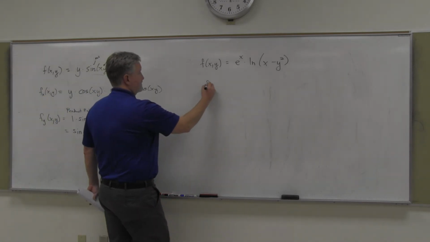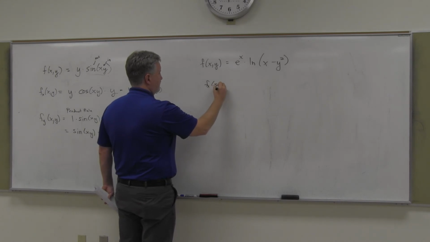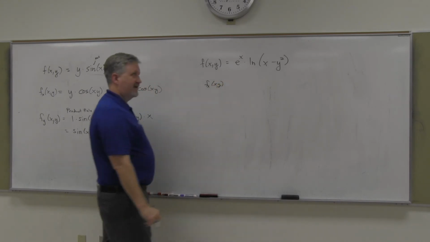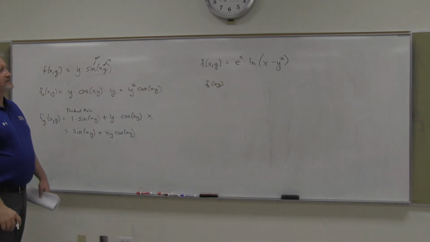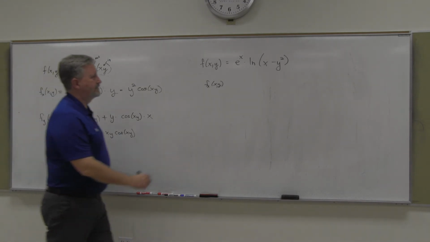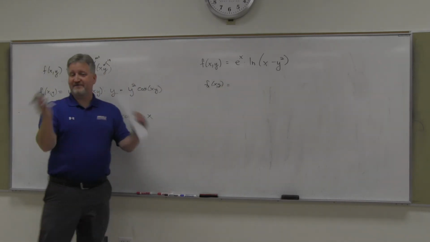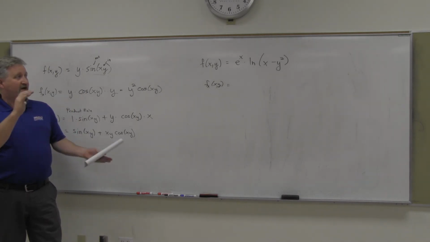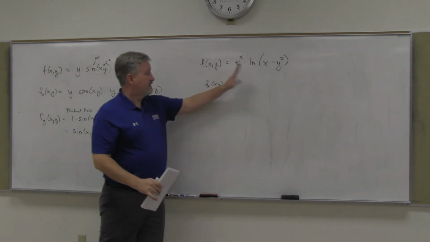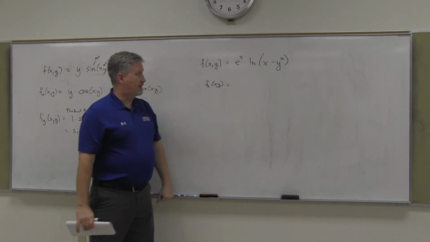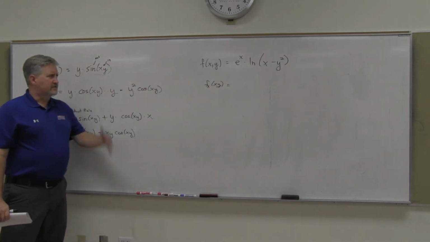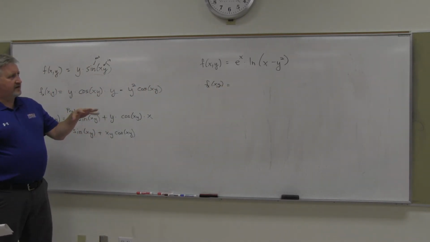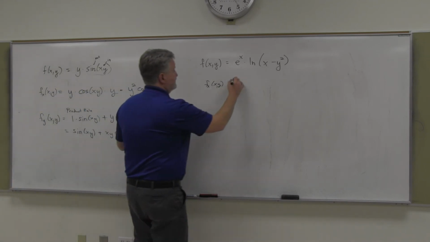The partial of f with respect to x, start with that one. Well, this one's just the reverse of the last one, isn't it? Because here I've got an x expression and then the ln of an x and y expression. So the partial with respect to x, I might have to use the product rule on it.